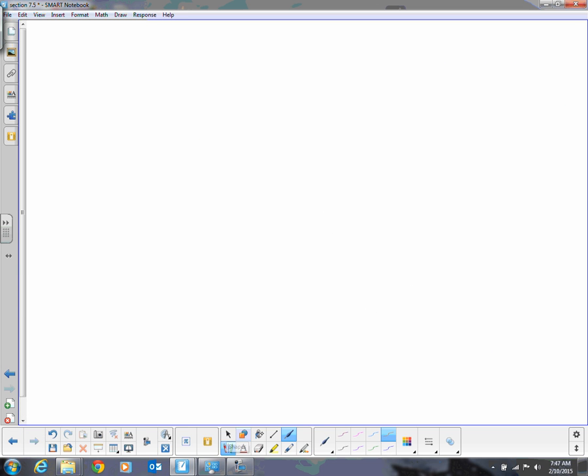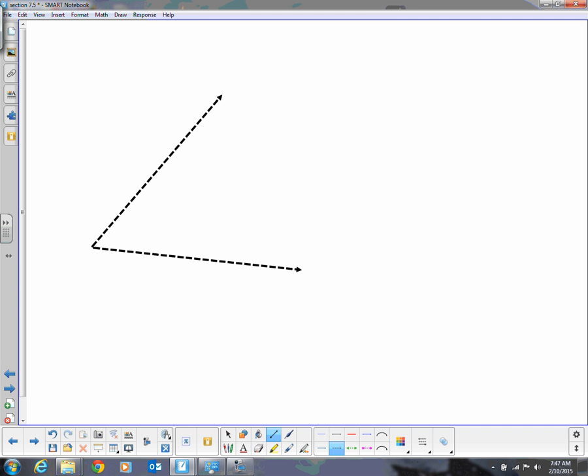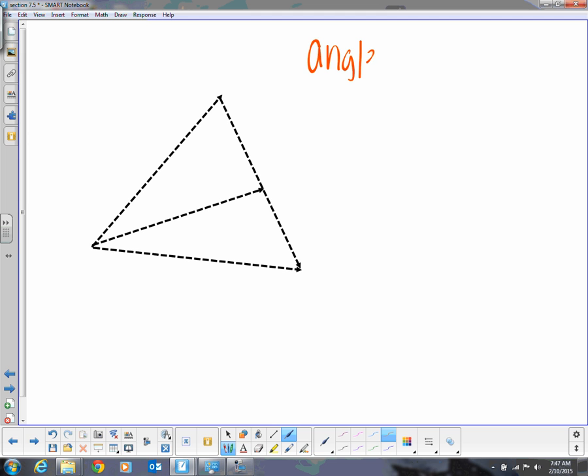All right, so now we've got a triangle, and we've got this angle bisector. This is important. It must be an angle bisector. Okay.